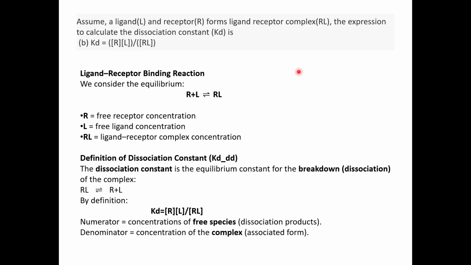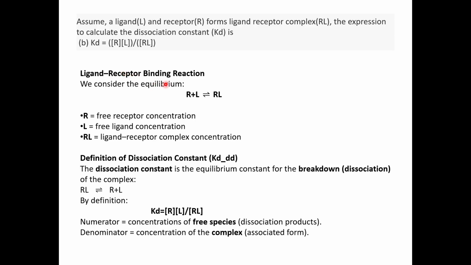So how this formula is derived is, your ligand and your receptor are binding partners. So your ligand receptor binding reaction will always be in an equilibrium state, similar to your enzyme substrate reaction. So you have your receptor, you have your ligand, and they will be in stoichiometric equilibrium with the receptor ligand complex.